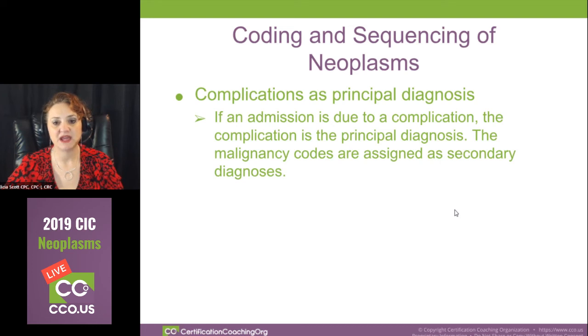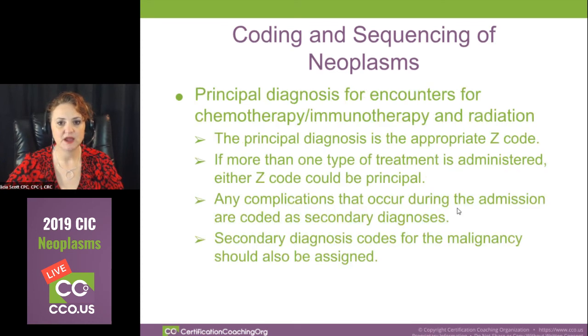Whenever we have complications, that becomes the principal diagnosis, the first one that we list. Because why are they being seen? Because we had a complication. What's the complication of? The cancer. Whenever we have the encounters for the treatments, the therapies, then that Z code for the encounter is coded first. Can we have more than one type of treatment? Yes, we can, and then it doesn't matter which one gets listed first.